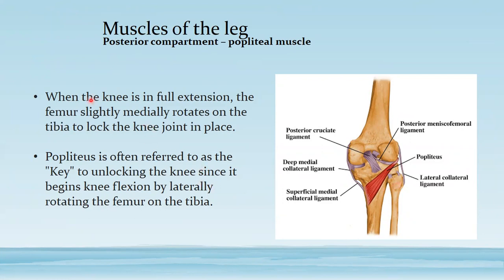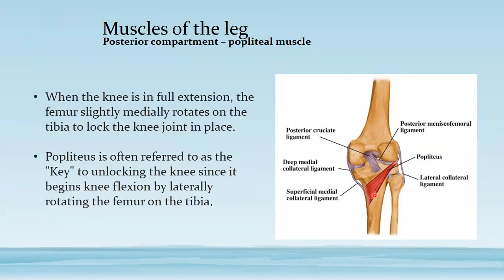When knee is in full extension. So maksudnya the knee is tegak, okay, straight. The femur slightly medially rotates on tibia. Okay, ni femur slightly medially rotates to lock the knee joint in place. So joint knee jadi stable lah.